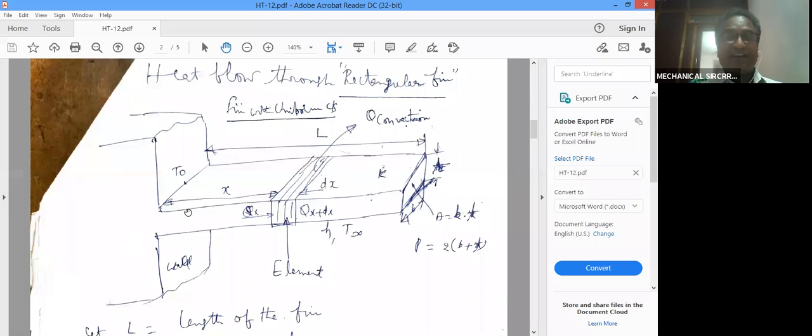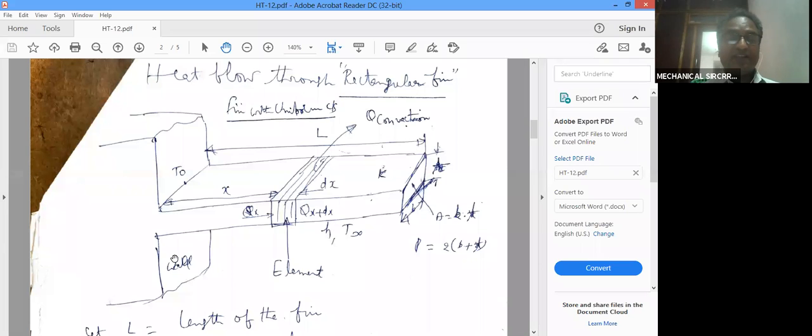In the x direction, at x equal to 0, the temperature is T naught. At x equal to L, the length of the fin, the temperature becomes the outside convective environment temperature. Here Q convection, and the outside air has a convective heat transfer coefficient h and temperature T free stream.